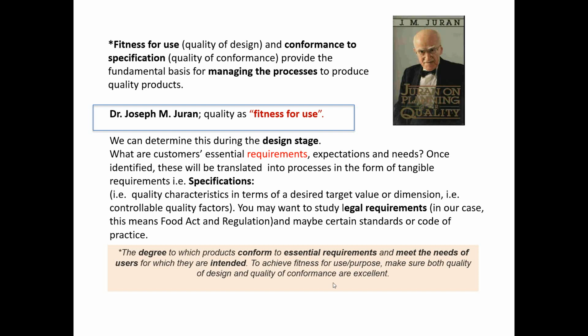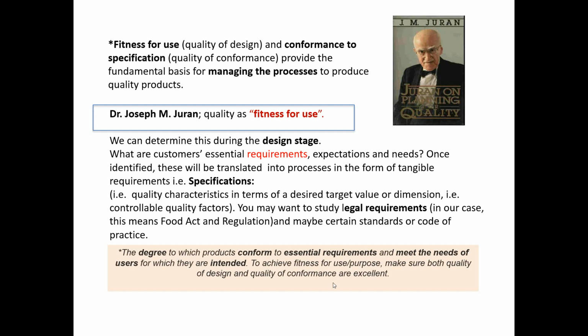You have to give specifications, what temperature of roasting, the time of roasting, maybe the RPM of the roasting drums. So specifications are defined as quality characteristics in terms of desired target value or dimension, i.e. controllable quality factors.